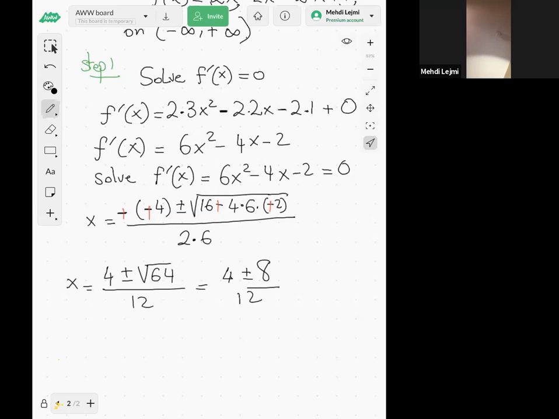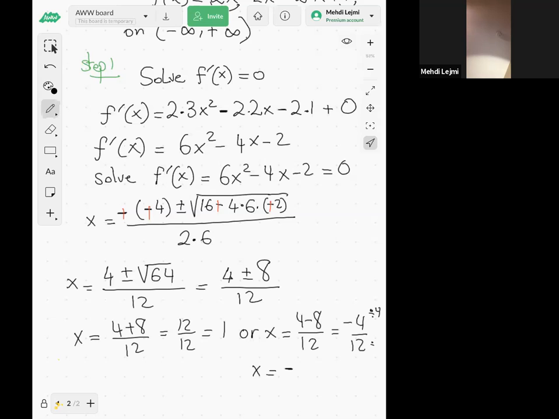So there are two solutions. The first solution is 4 plus 8 over 12, that's 12 over 12, equal to 1. Or x is 4 minus 8 over 12, that's negative 4 over 12. You have to reduce the fraction, dividing by 4, so x is -1/3.